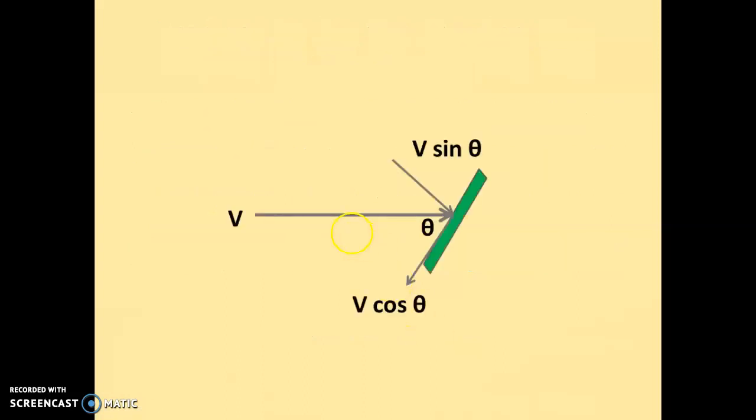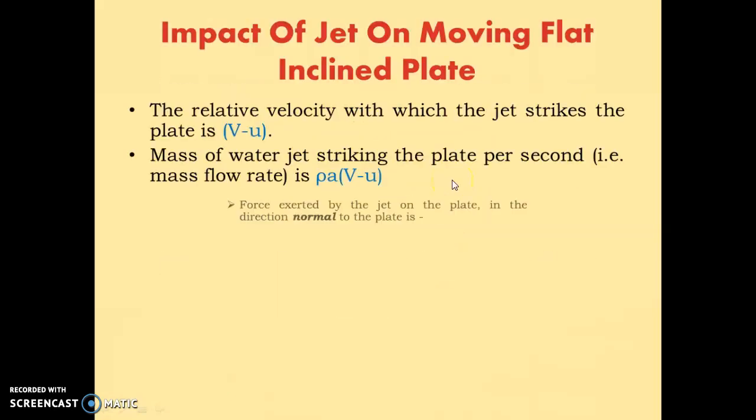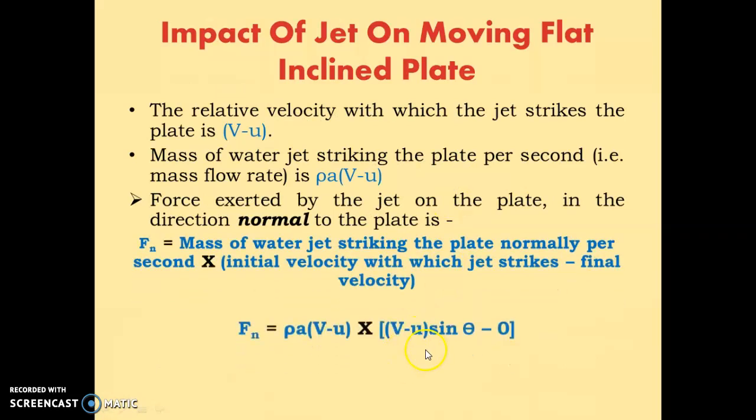If you see the diagram, this is the direction of normal force Fn. In that direction, the component of velocity is v sine theta, so instead of v, it is (v minus u) sine theta, and the final velocity is 0.